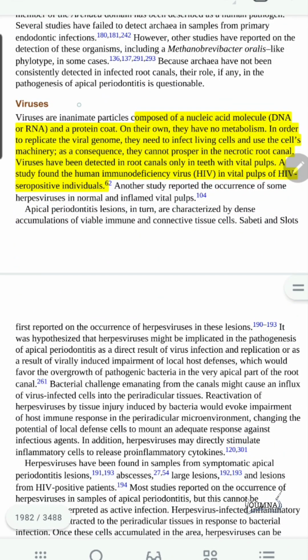This is something I found interesting regarding viruses: they cannot live without a host cell, which means that they only invade the pulp when it is vital. They cannot be present when the pulp is necrotic.